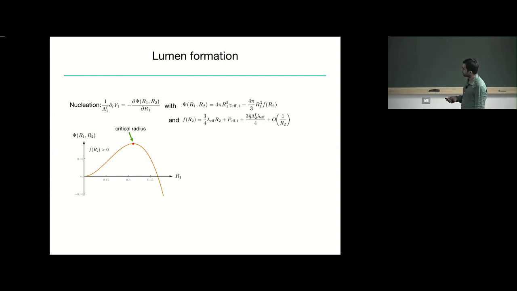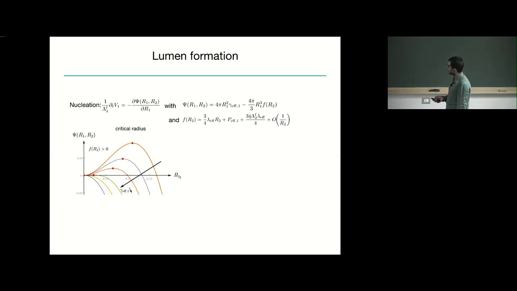So for function of R2 greater than 0, you get this kind of behavior. So basically for psi, this term dominates at small R1 and this term dominates at large R1, and there's a critical radius in between, which is the maxima. Now, if you decrease the effective surface tension, what happens?